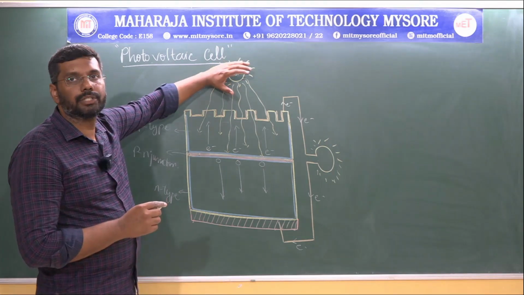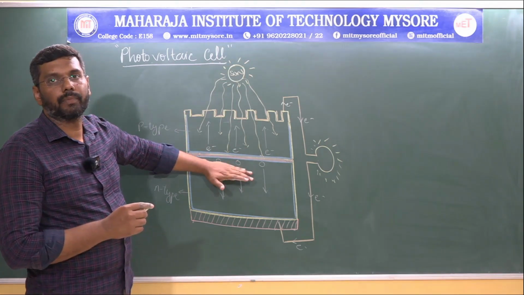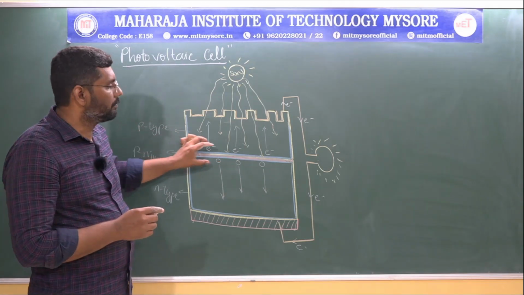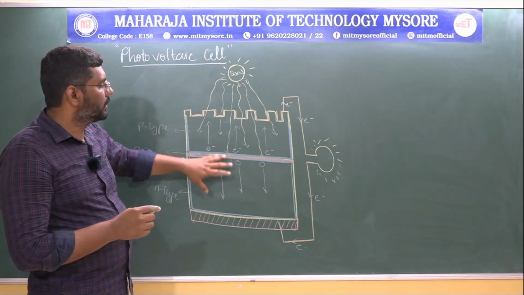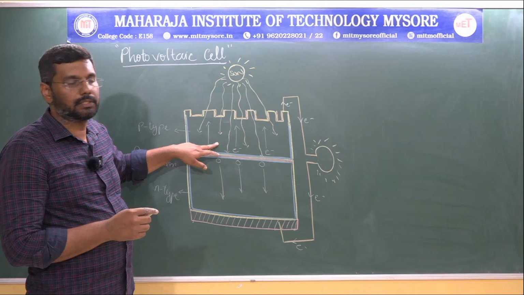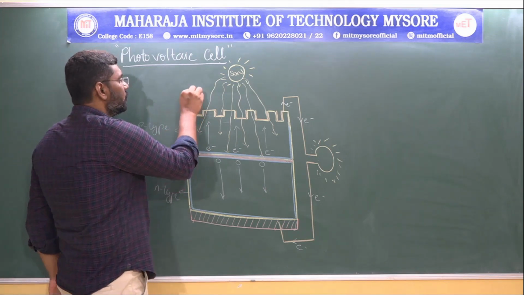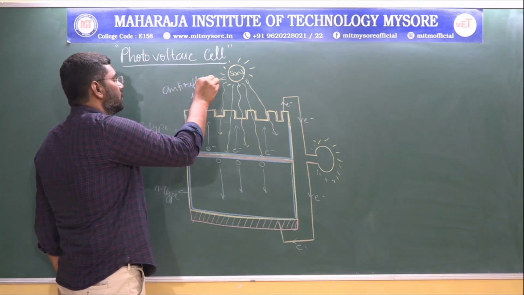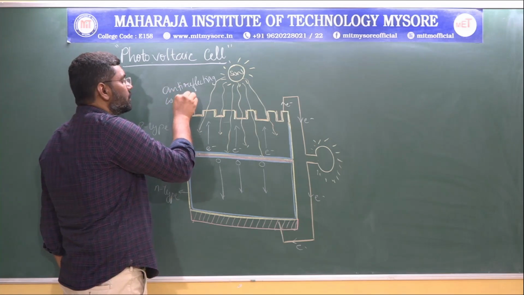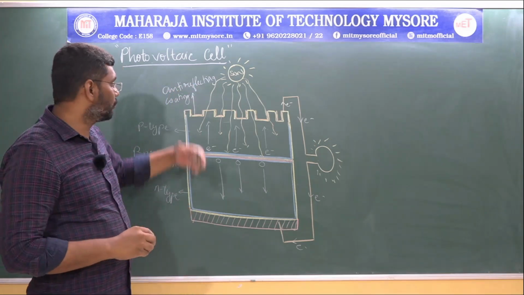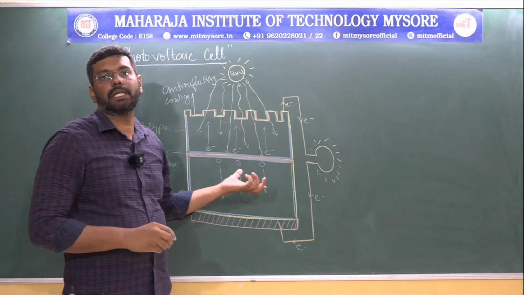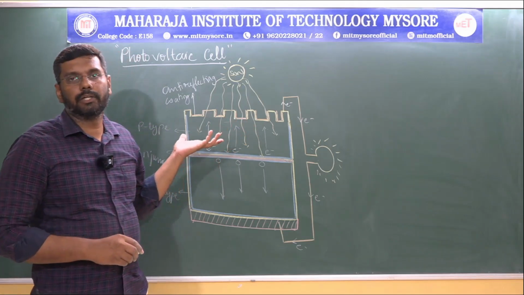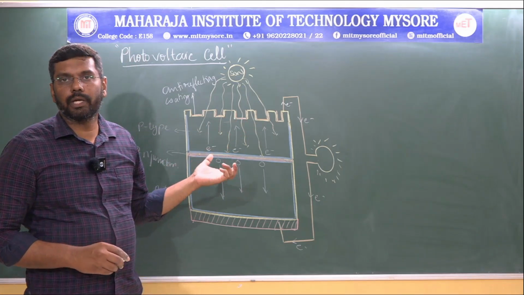When solar radiation falls on this PN junction, where the p-type and n-type semiconductors are combined together, due to the presence of anti-reflecting coatings, which are made up of titanium dioxide, the radiation that falls on the surface area will be completely trapped. We know that this solar radiation is an electromagnetic radiation which contains its own energy.